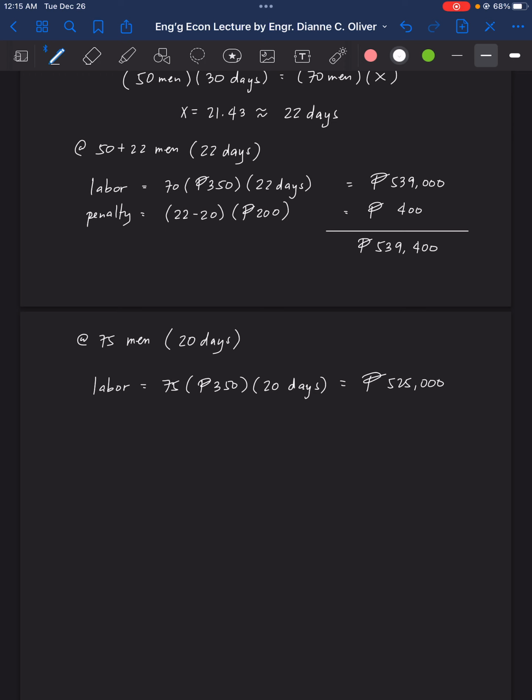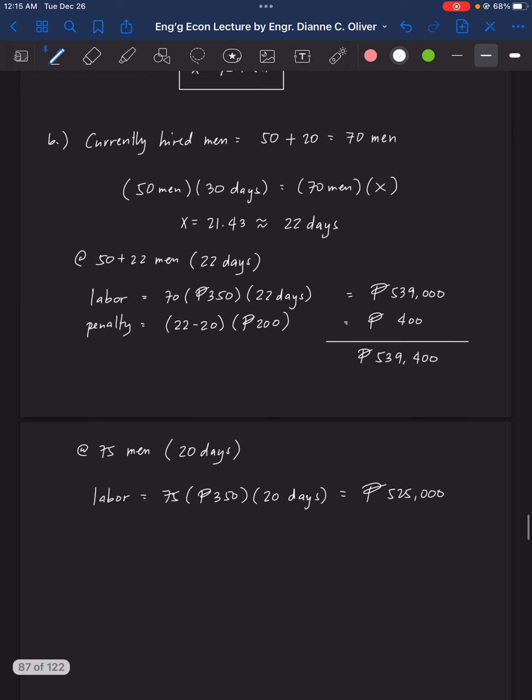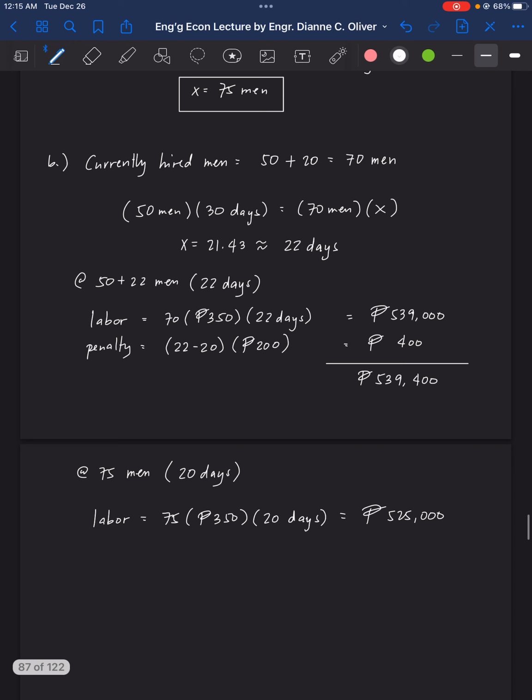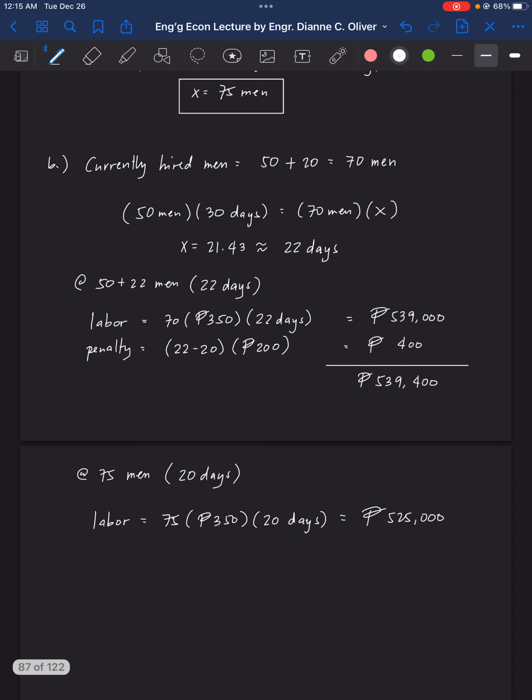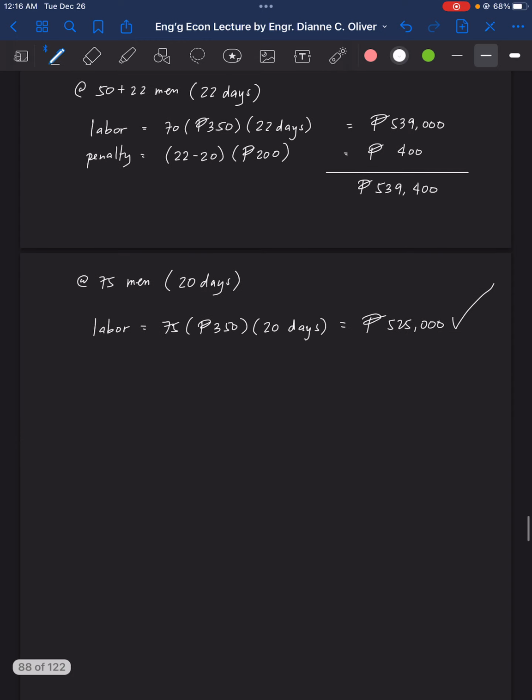So savings now. As you can see here, if we compare the two alternatives, you will save by using the 75 men. By not paying the fine, you will save. But how much?